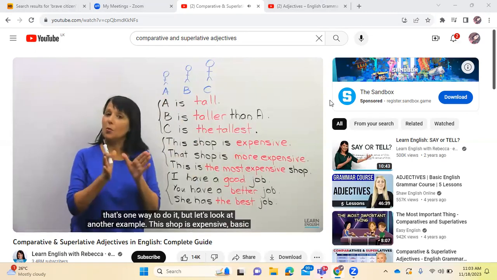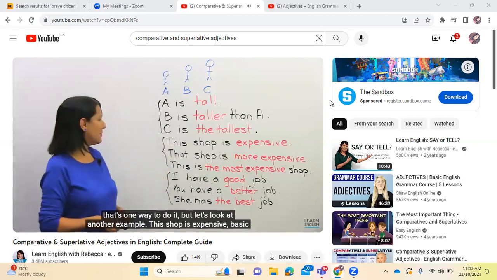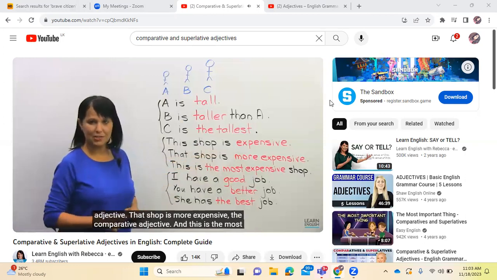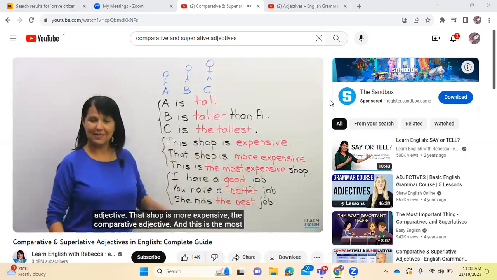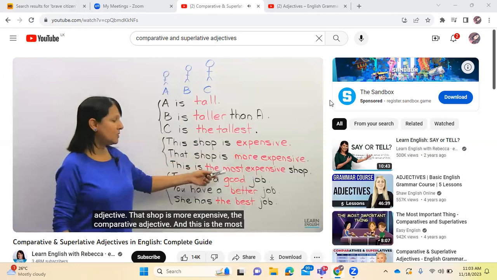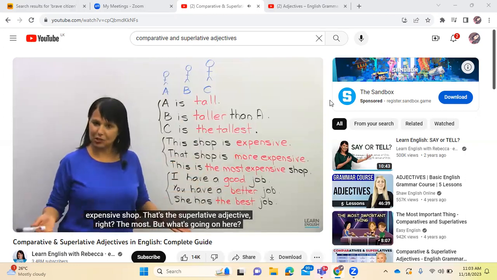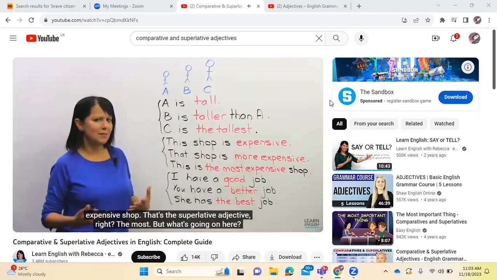Now, that's one way to do it, but let's look at another example. This shop is expensive, basic adjective. That shop is more expensive, the comparative adjective. And this is the most expensive shop. That's the superlative adjective, right? The most. But what's going on here?